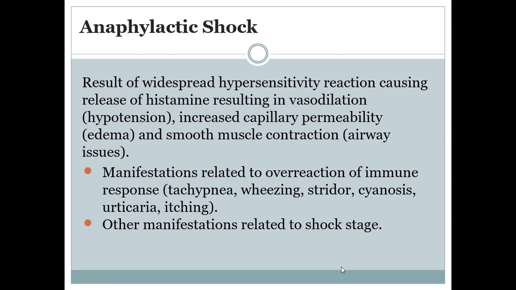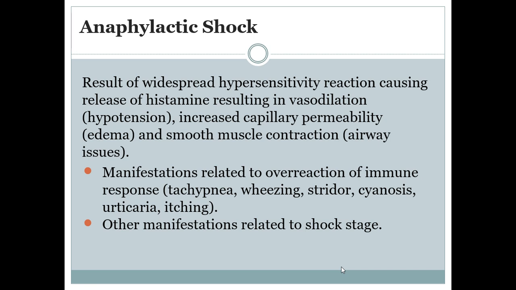Usually we'll have some airway compromise and circulatory problems, so they might have tachypnea, some wheezing, stridor, cyanosis, urticaria, itching. You might have some confusion too due to hypoxia, especially if it's left untreated, and then it would go into respiratory arrest.